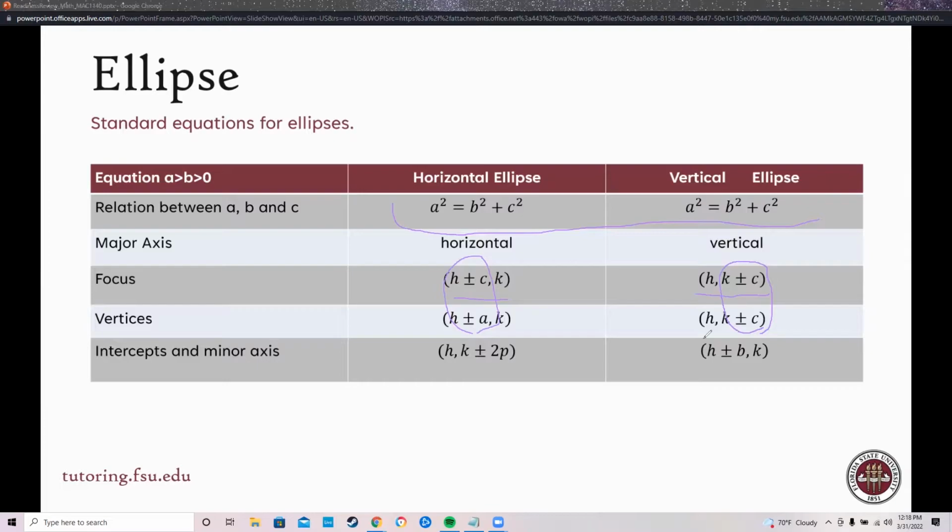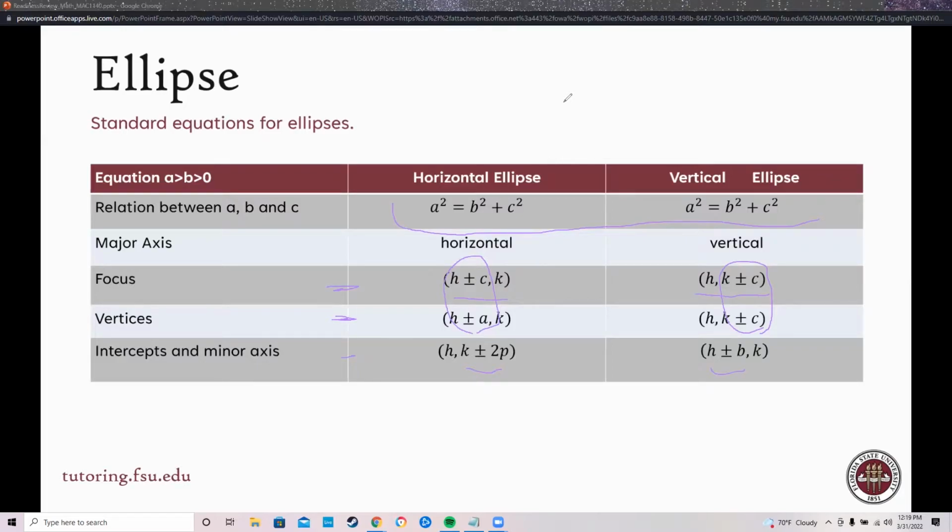The only time it is different is when you're talking about the intercepts on the minor axis, because the minor axis is perpendicular to the major axis where the foci and vertices lie. So since the minor axis is perpendicular, its coordinate is shifted along the y for the horizontal, and the vertical's coordinate is shifted along the x, because they are on different axes.